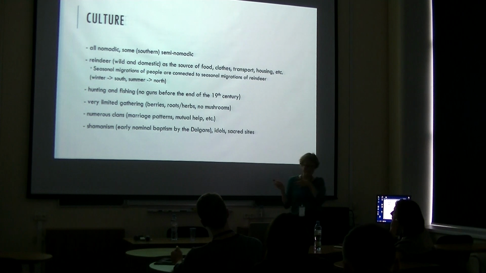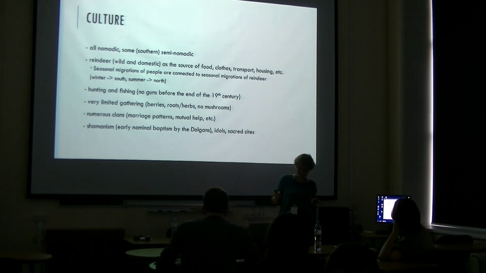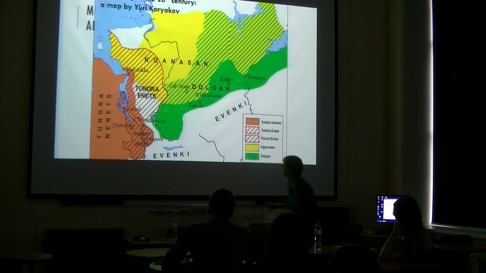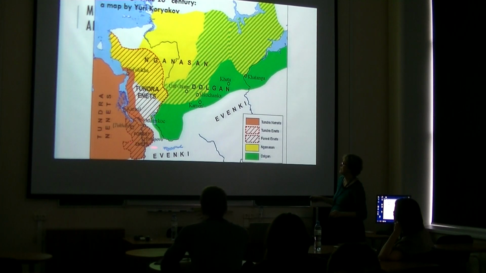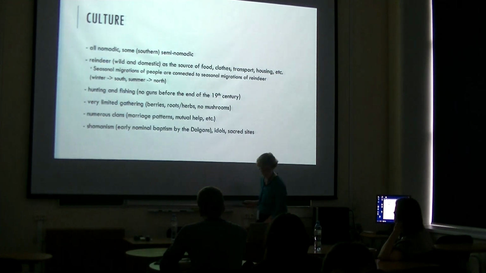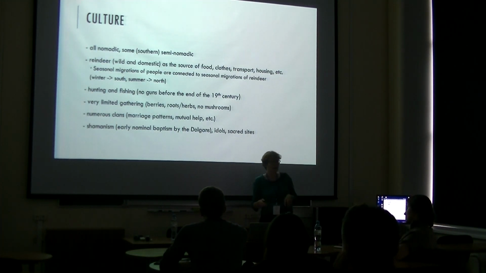So I shall say a couple of words about their culture so that you have the idea of how they live. So these peoples are all nomadic. There are those in the very south who can be semi-nomadic, but all the northern, and the main bulk of them is northern, are completely nomadic. Nomadic meaning changing their place of living by hundreds of kilometers within a year.